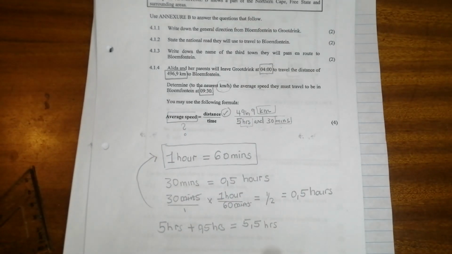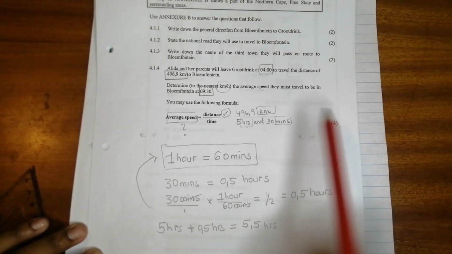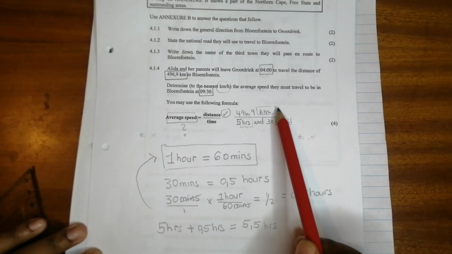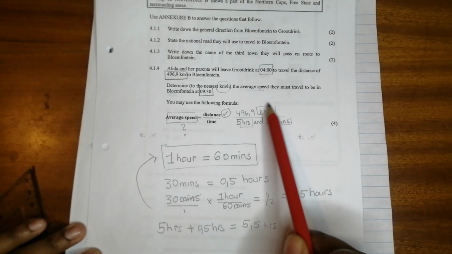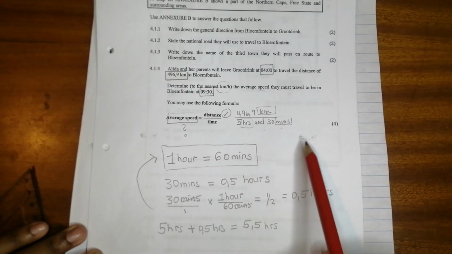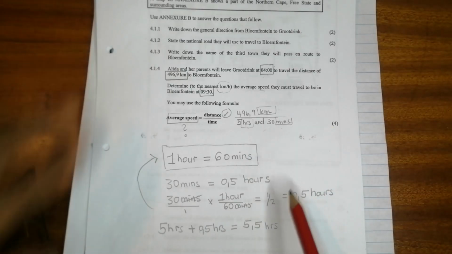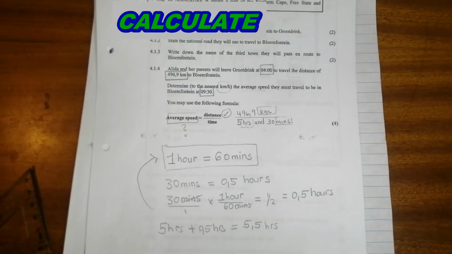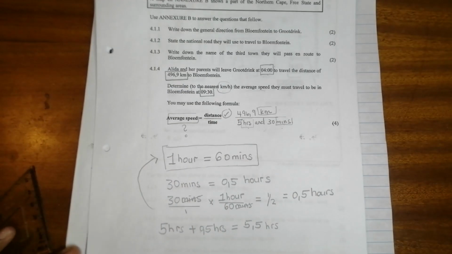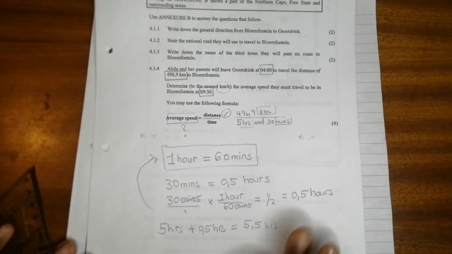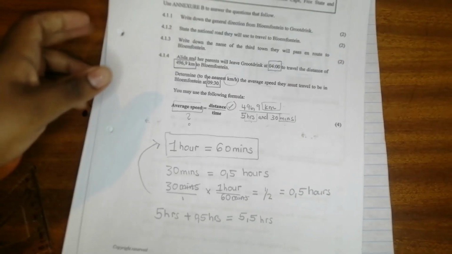And then from here, guys, we can see that the unit in the numerator is kilometers, and the unit in our denominator has been converted to hours, right? Therefore, we'll now be able to calculate our average speed. So I'm going to take my rough work and put it on my answer sheet, okay?